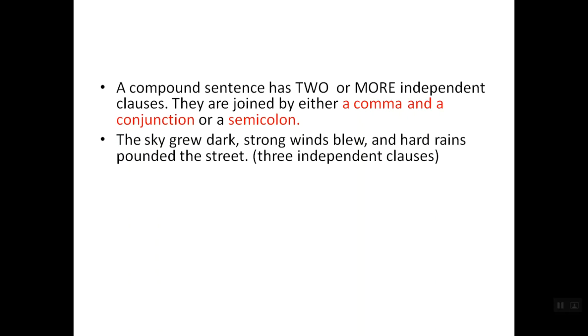This is number 2. And hard rains pounded the street. So what is the subject in the first one? The sky. The verb, grew. Subject in the second one, strong winds. Verb is blew. Third subject, hard rains. Third verb, pounded. Okay, so we have 3 independent clauses.